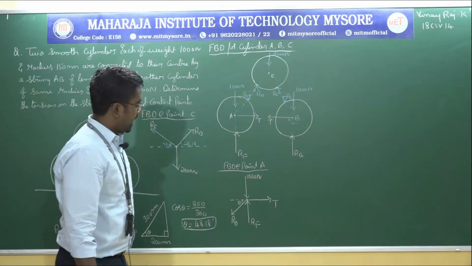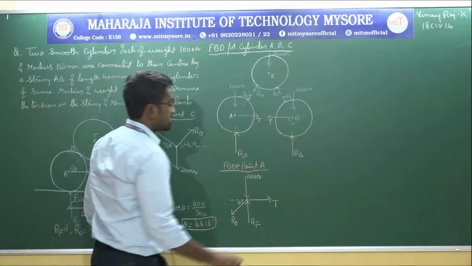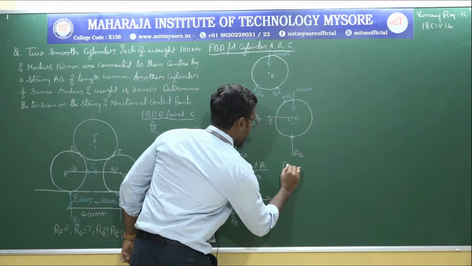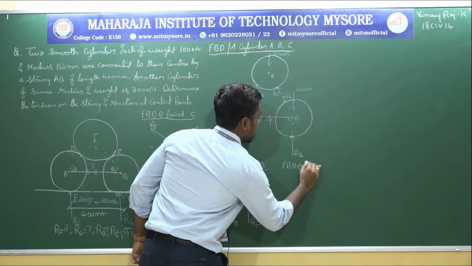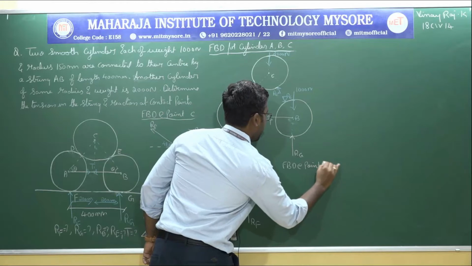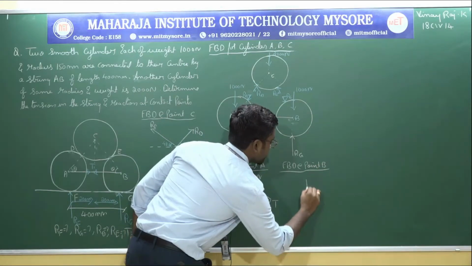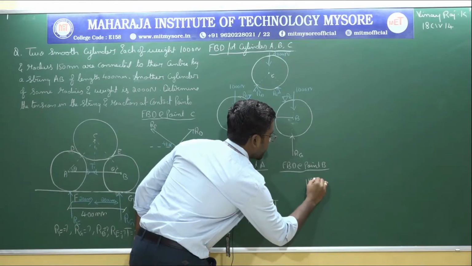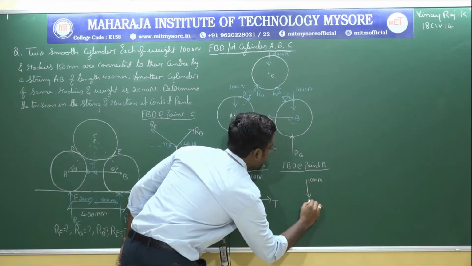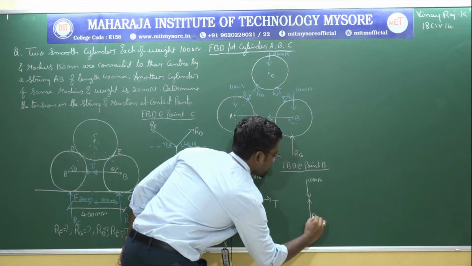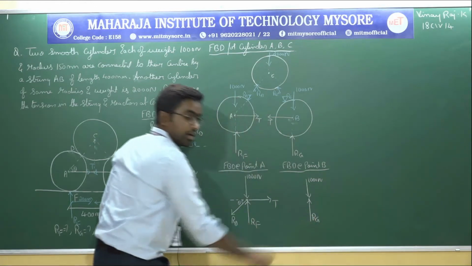In the same way, I need to write the free body diagram for this cylinder also, that is free body diagram at point B. So this is point B. This is 1000 Newton. There is one more reaction that I need to mention here, down.